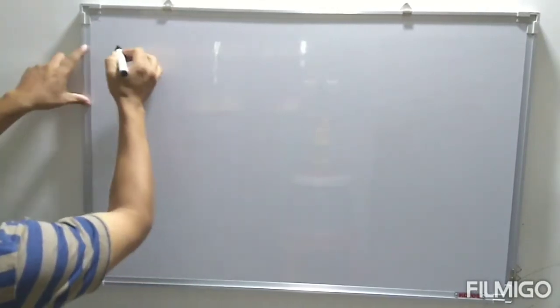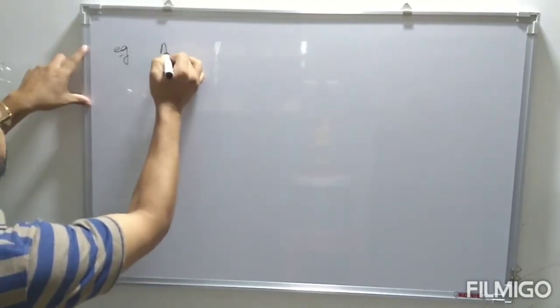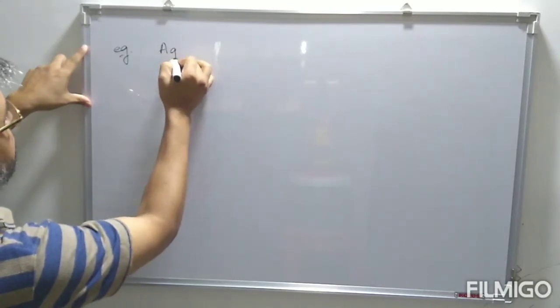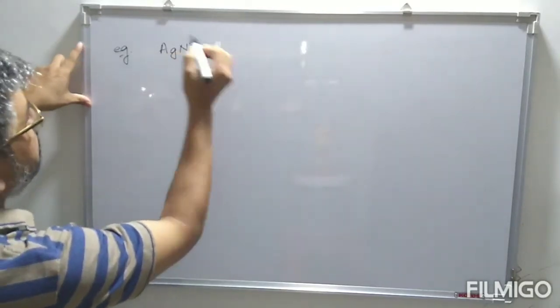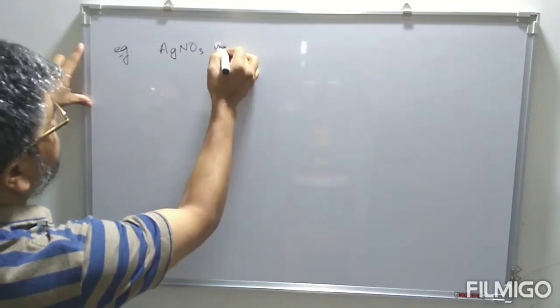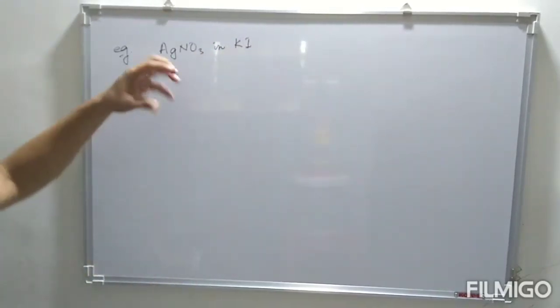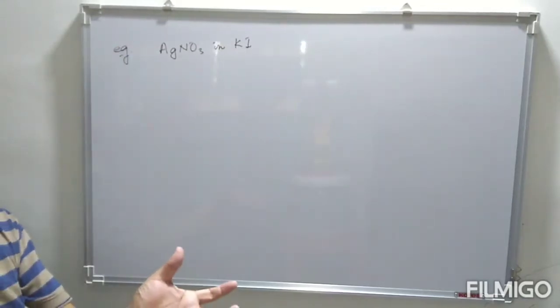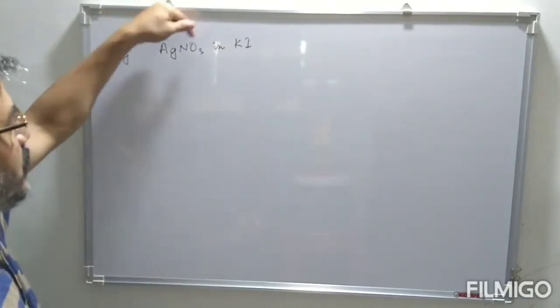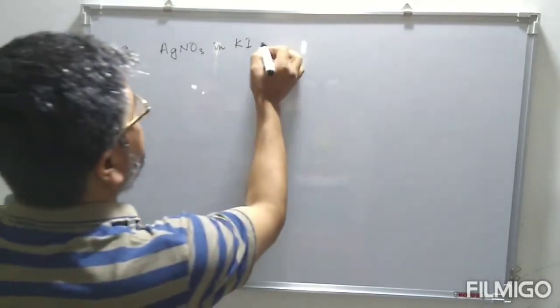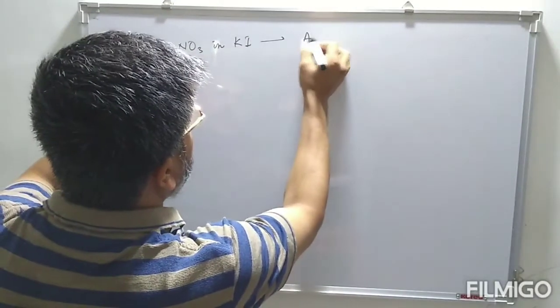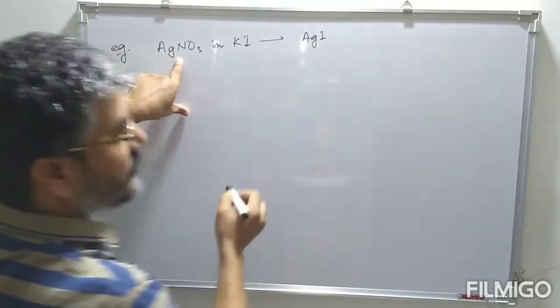Now if we have a charge, look at this. Suppose we take silver nitrate and potassium iodide. We take potassium iodide in large quantity and add a small dose of silver nitrate. When this is dissolved, silver iodide is formed.